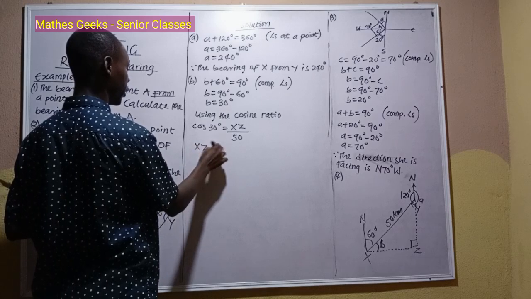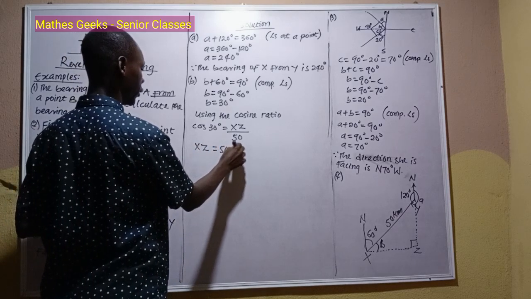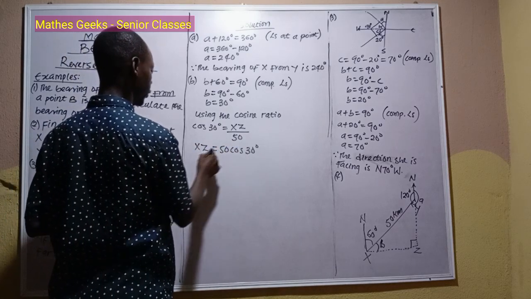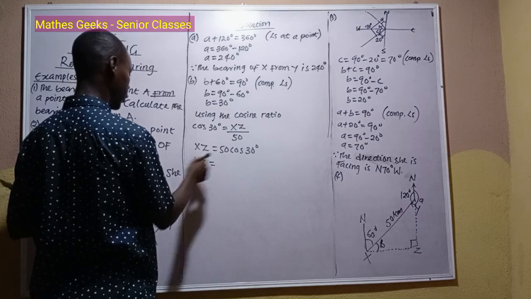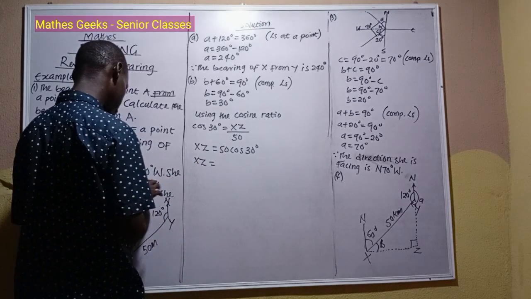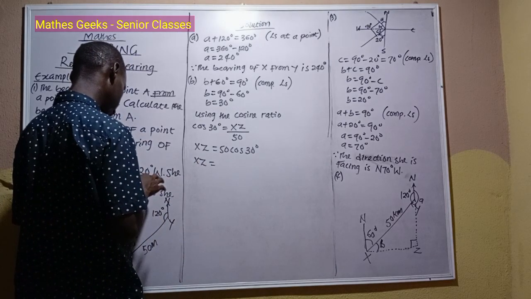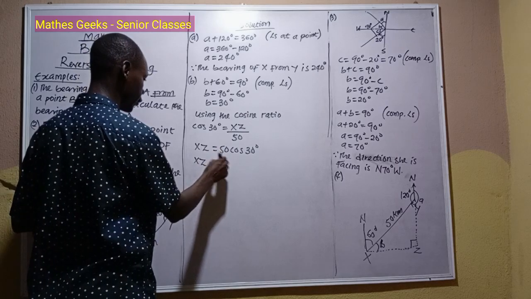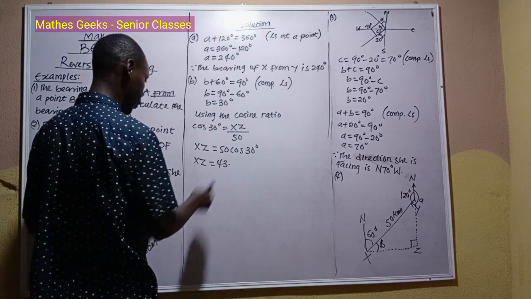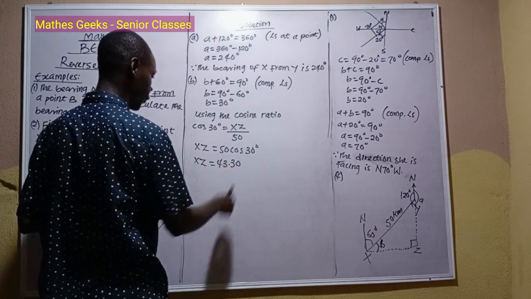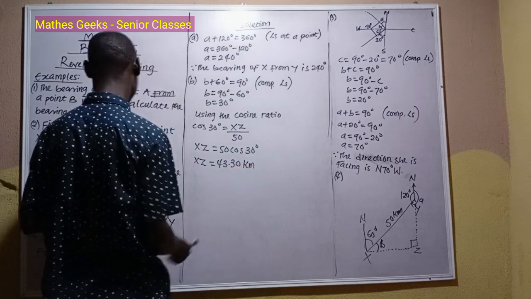So xz is equal to 50 cos 30 degrees, which is 43.30 kilometers.